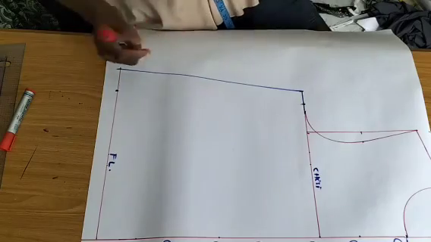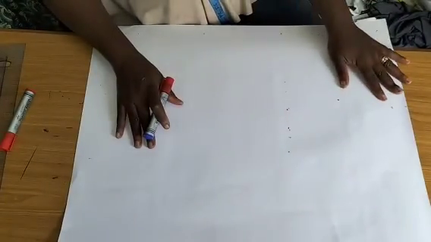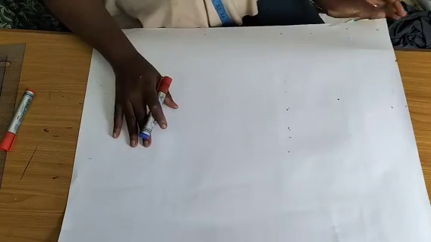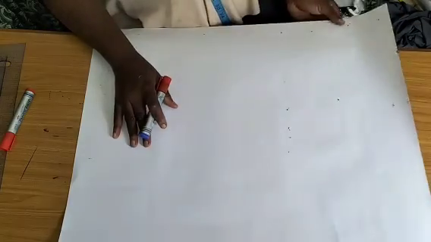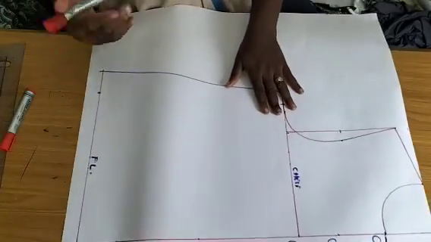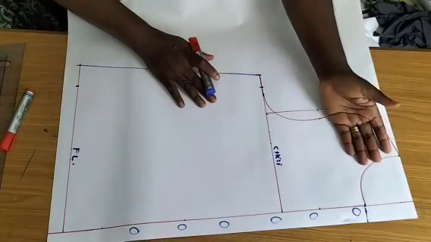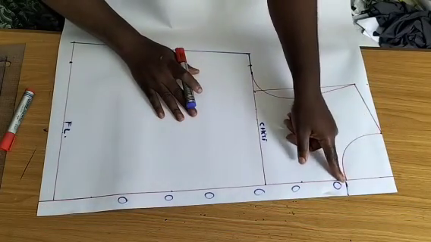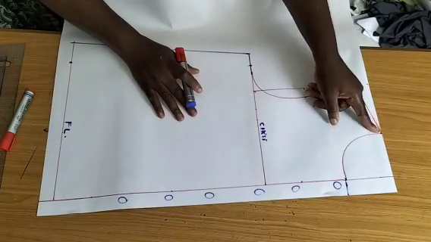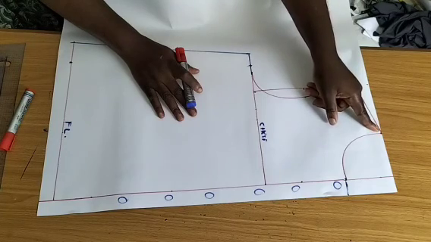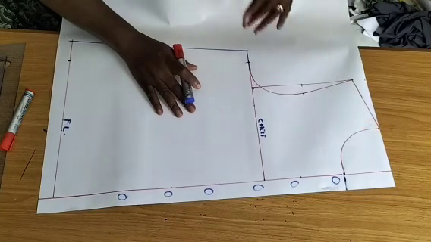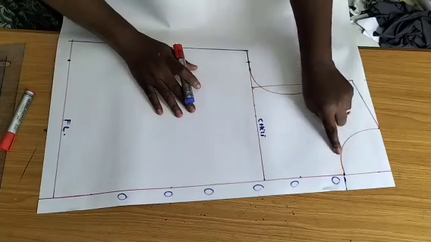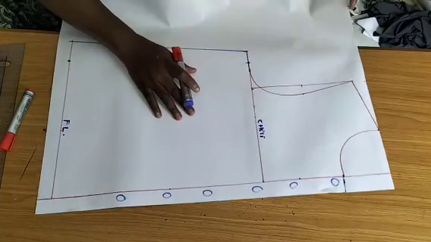So for the back dress, I'll just turn the back of my paper. I don't actually want to cut out what I have right here, but at least you understand what I did here. It has a mandarin collar, so because of the mandarin collar here, I'm making use of my natural neckline, which is bust divided by 12 on the depth and on the width, and I form my neckline.